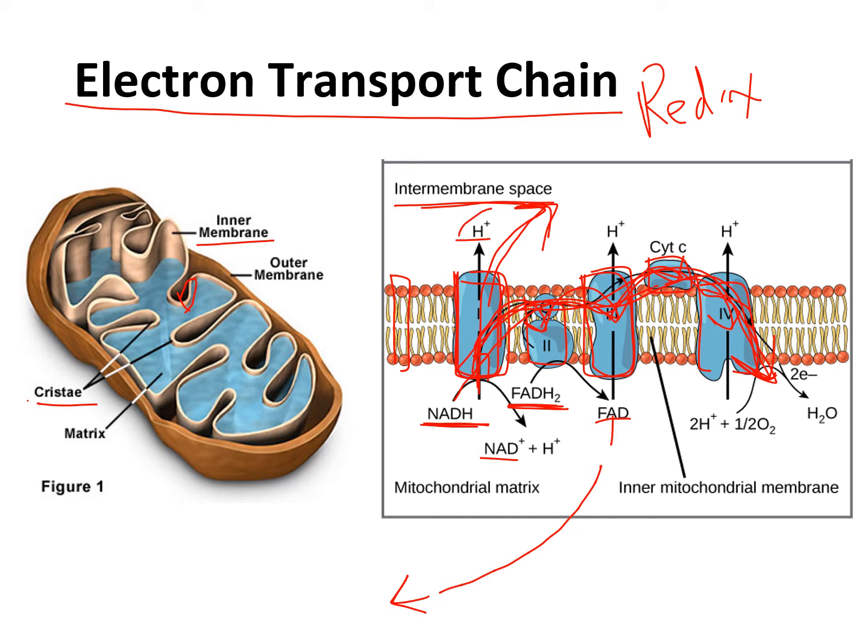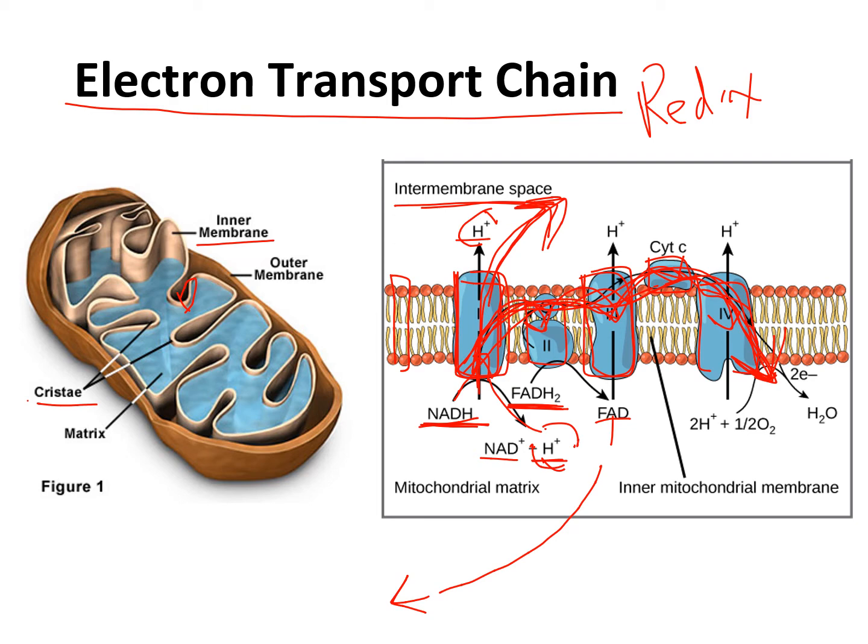And those hydrogen ions come from the NADH and the FADH2 molecules. When they drop off their electron, a hydrogen ion is released, and that's the source of the hydrogen ions that will be pumped out to the intermembrane space. Now the electron, when it is done flowing along the electron transport chain, needs to go to a final electron acceptor.